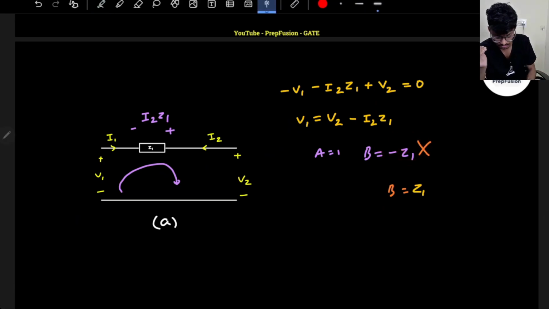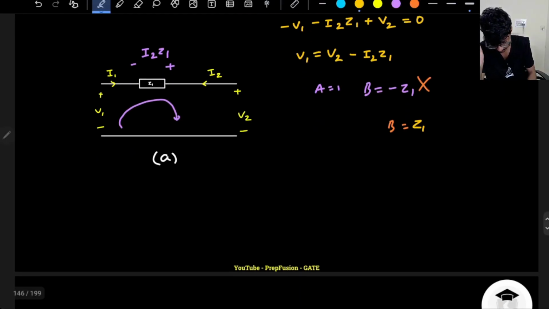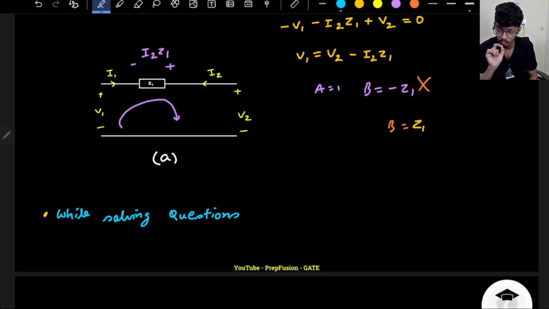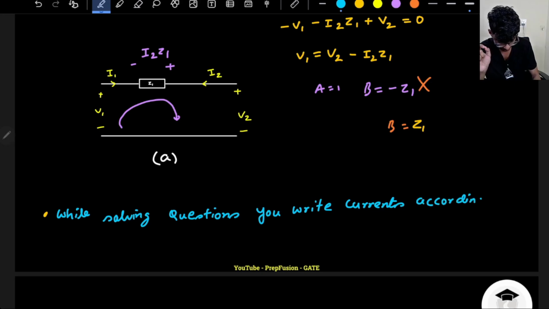So while solving the questions, you write currents according to your port directions, what we know, always incoming to the port.